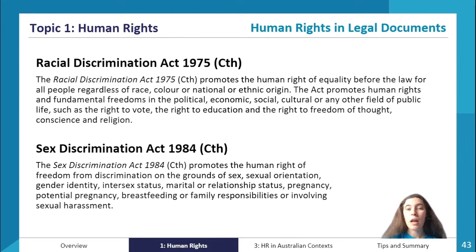So you can see that, again, we've got this idea of different discrimination acts that are based on key issues or key areas where people have faced discrimination before, and in some cases continue to face discrimination.